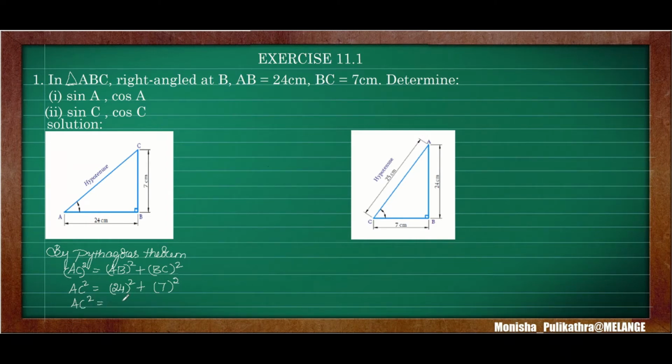So AC square is equal to 24 square, which is 576, plus 7 square, which is 49. So AC square is equal to 625. Next, AC is equal to square root of 625. So the value of hypotenuse AC will become 25.